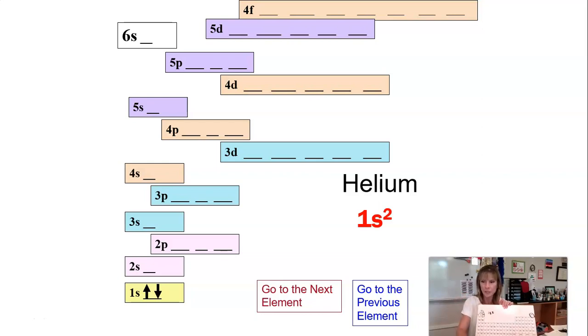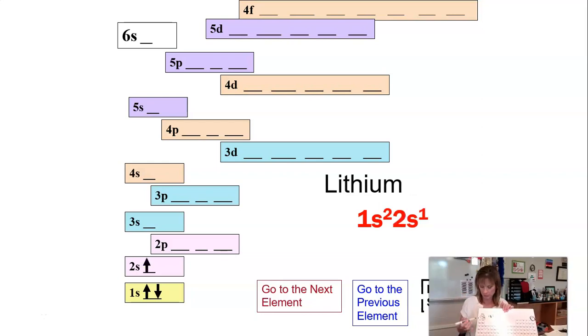Okay, let's see. Lithium. Here's what you do. You have to write the electron configuration that comes in front of it, and then the last electron configuration that you stop on will be the one where that element is.